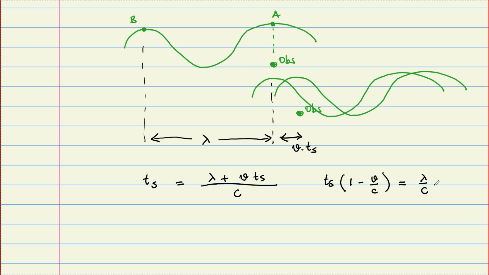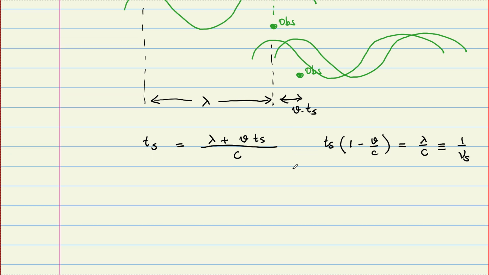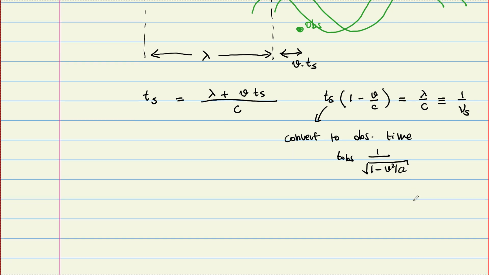And this is what I'm going to call 1 over nu source. But lastly, I need to convert this to the observer frame, like convert to observer time. And this is going to be T observer times 1 over the square root of 1 minus v squared over c squared. Now let's collect everything.